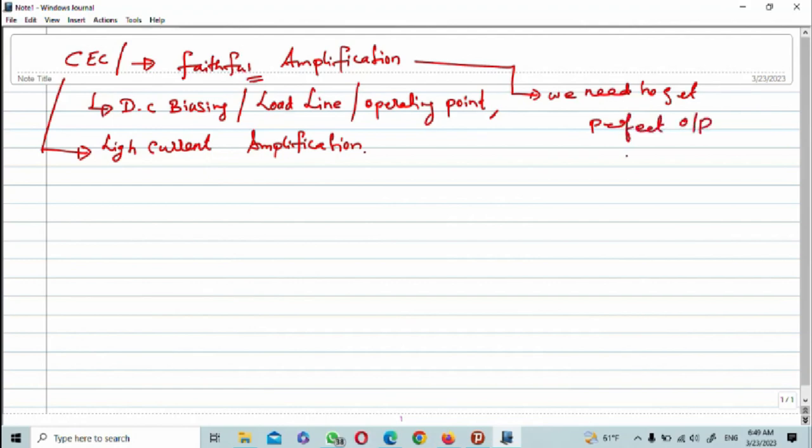Perfect output means no clipping in the output section. That's what we are going to learn.